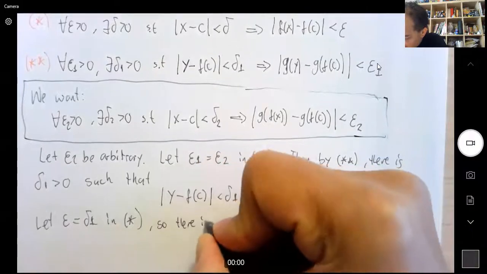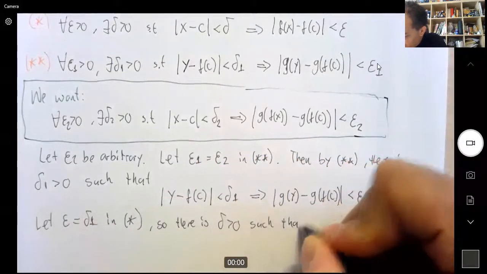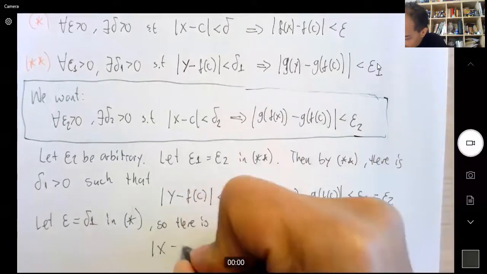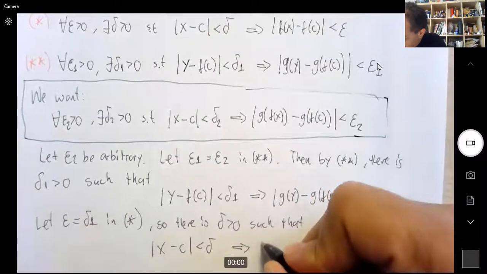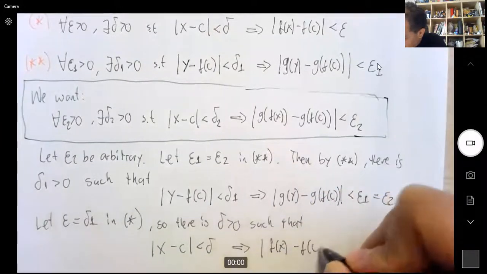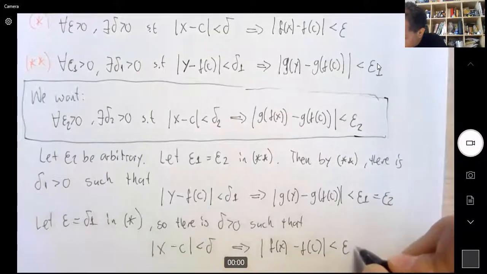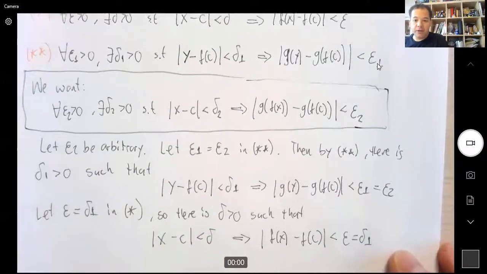There is delta greater than 0, such that |x minus c| less than delta implies |f of x minus f of c| less than epsilon, but this is delta 1, right? And we are done.